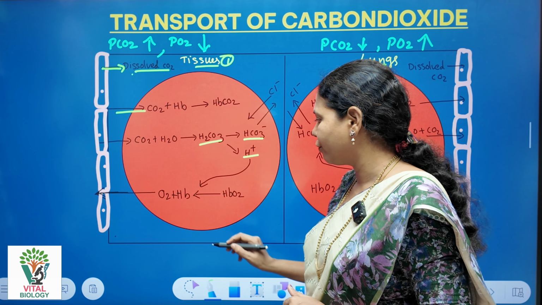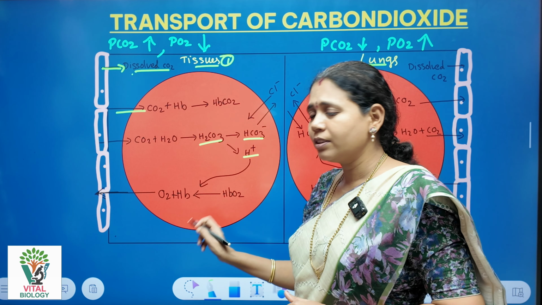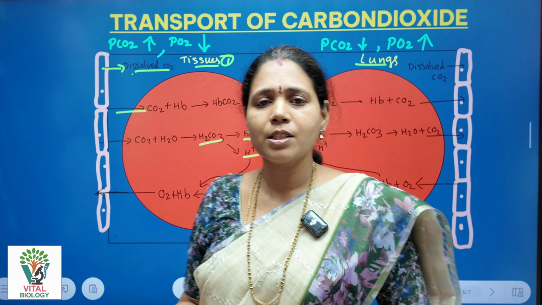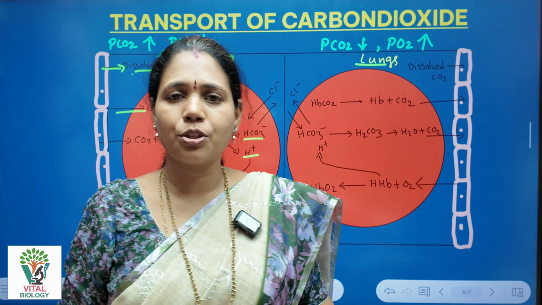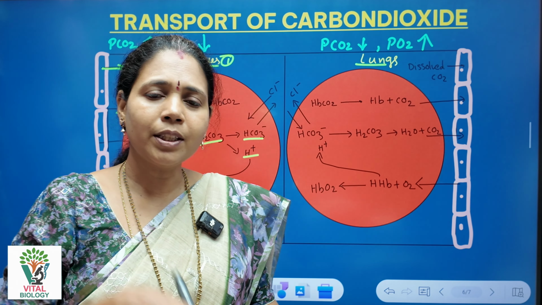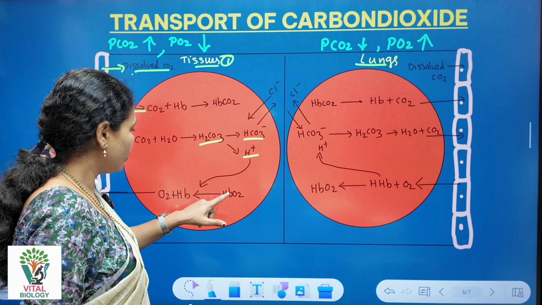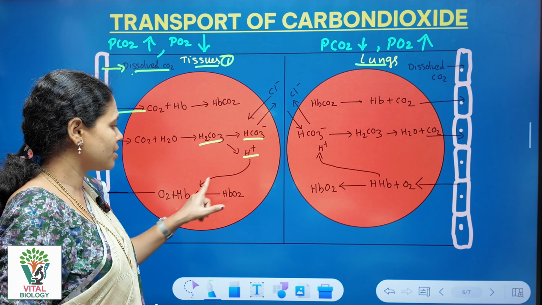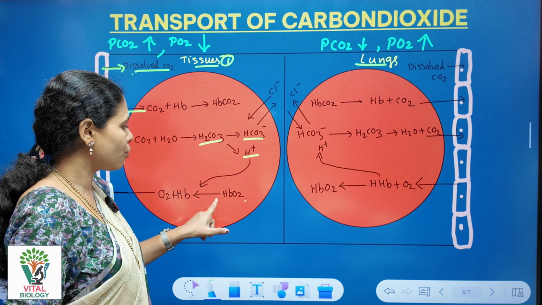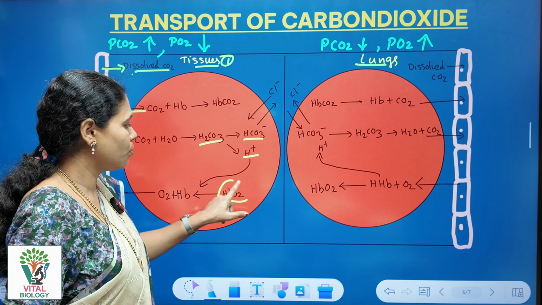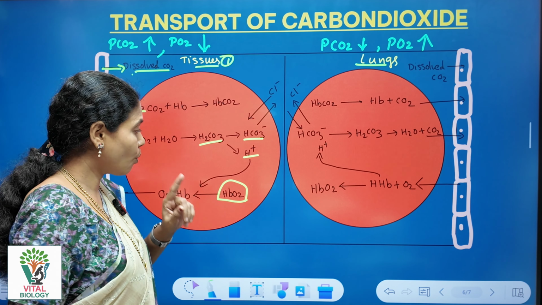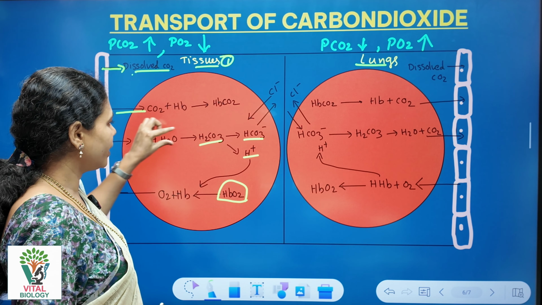If you observe carefully, whatever oxyhemoglobin is present has reached the tissues. To that hemoglobin, these hydrogen ions will go and bind. As a result, it results in dissociation of the oxyhemoglobin.